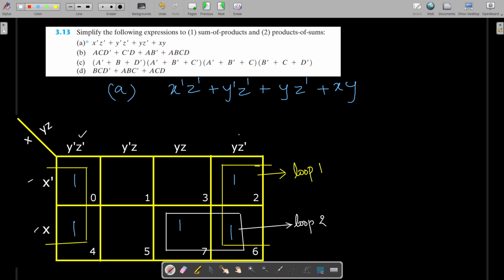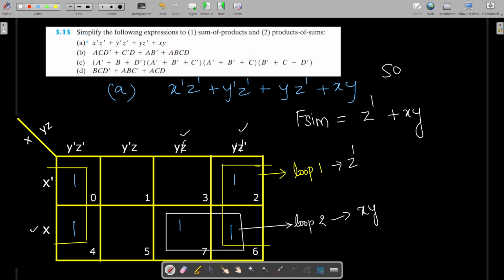Column wise it covers these two, so we can cancel out this y' and y, and then z' only exists. So the answer for this is z'. For loop 2, it is covering this pair, 6th and 7th, so row wise x, column wise these two. Here z and z' get cancelled, only y is existing, here x is existing, so it is xy. So the simplified answer is f simplified equal to z' plus xy.